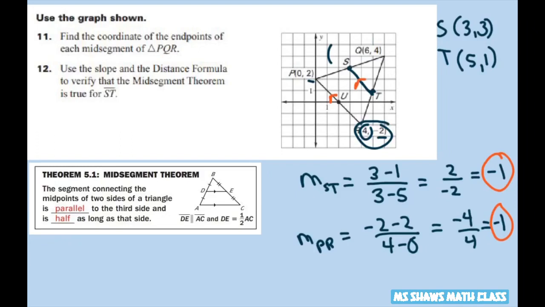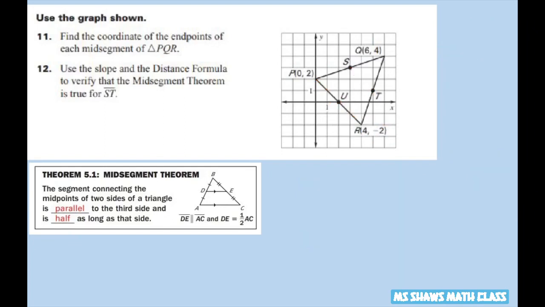Now we need to use the distance formula to verify that the mid-segment theorem is true. So I'm going to take the distance of these two lines. The first one, for ST, we're going to do the distance of ST. Again, S was 3, 3, and T was 5, 1. So you use your distance formula.